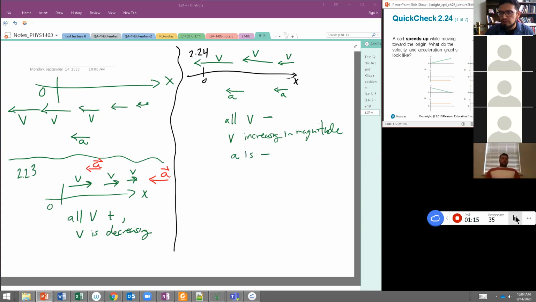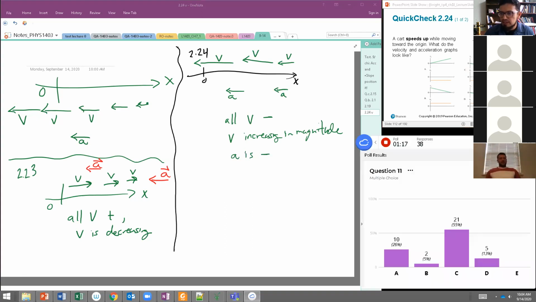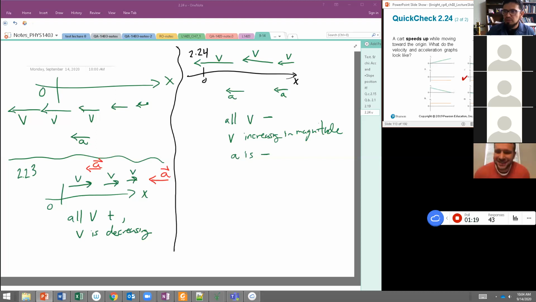With those requirements, a lot of you picked C. And C is the one that has that property. It has all negative velocities and they're increasing in magnitude. So at later times, we are much further away from V equals 0. That's a big magnitude. And it's the only one that has negative acceleration, so below the a equals 0 line, okay?